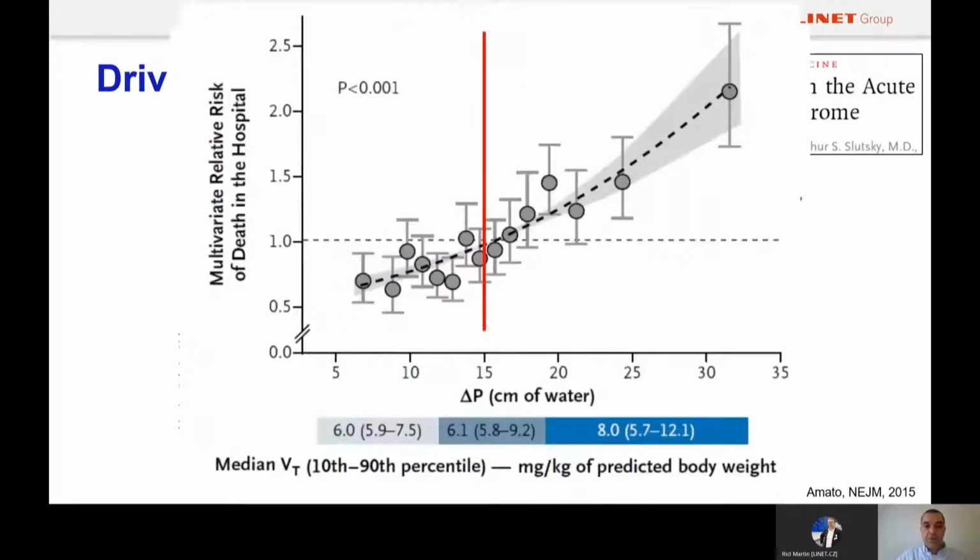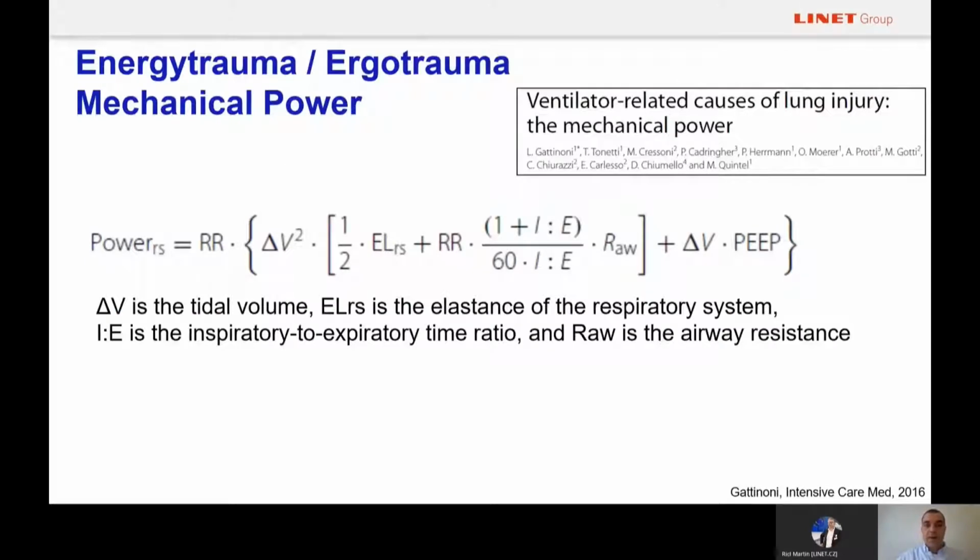A safety border or threshold of driving pressure, which can bring our patient safety and reduce the mortality, is below 15 centimeters of water. In 2016, Professor Gattinoni showed us with this paper mechanical power.